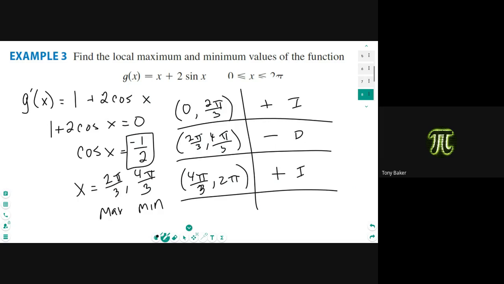Because sometimes the first derivative is just not that easy to break down. So using the second derivative makes it a little bit easier sometimes. So it all depends on what the function is, and whether doing the second derivative is going to make it a simpler problem to work with.